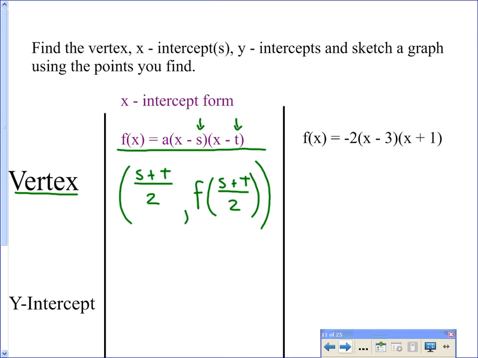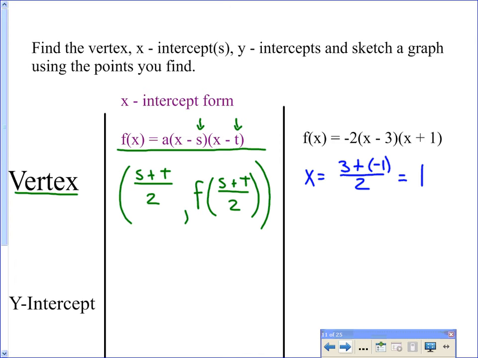Now let's try that in a problem. So the x-coordinate of the vertex is going to be, you add them up, 3 plus negative 1, divided by 2. After I do that, I can plug that back in.